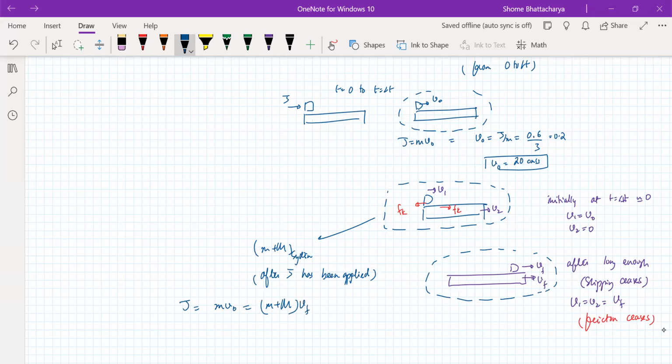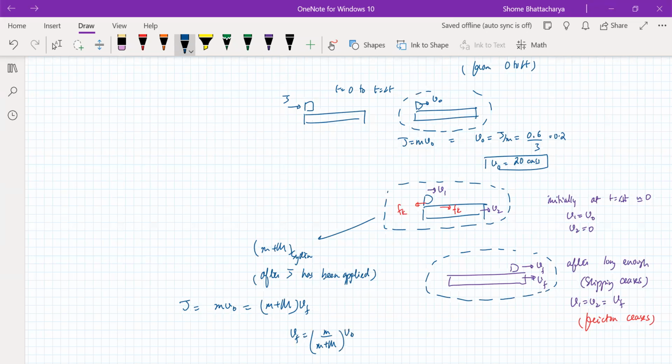That's another way we can calculate the final velocity, by just equating the final momentum of the system with the net impulse from the beginning, from t equal to 0 onwards. So we don't need to calculate the acceleration, deceleration, involve time and all that kinematics. All those steps are not required here.